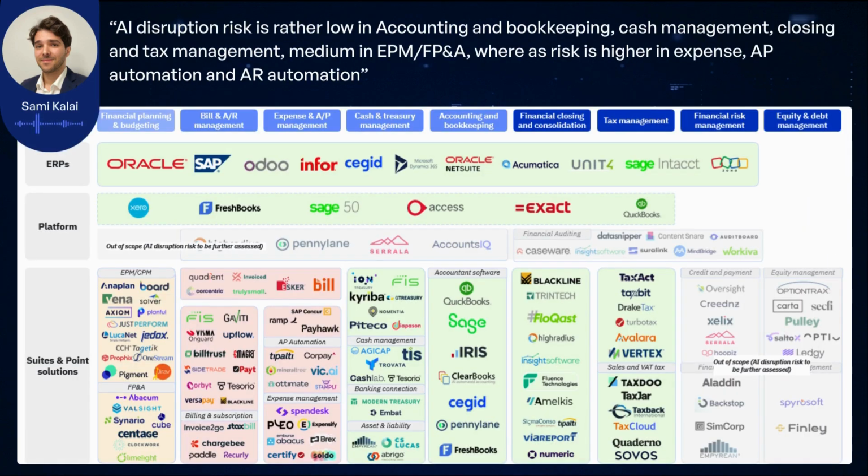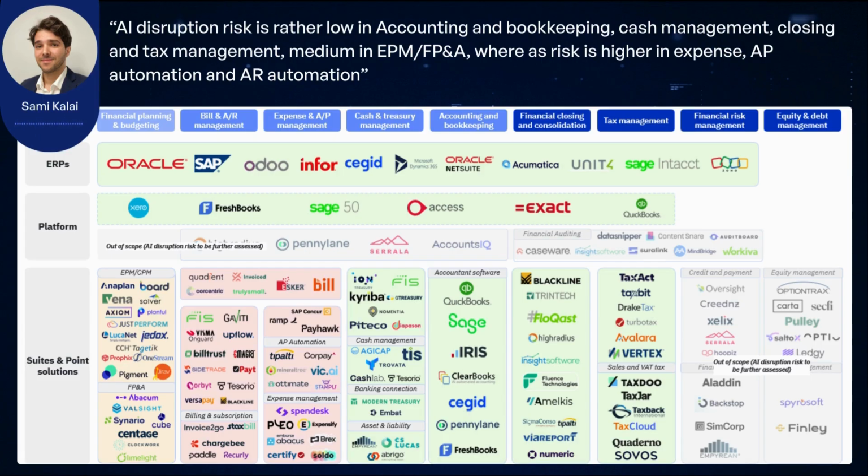I'm sure you all know that Office of CFO is quite a large space, so we have lots of sub-segments. Financial planning and budgeting, accounts receivable management, accounts payable management, cash and treasury management, and so on. And here, color-coded, you can see the AI disruption risk.